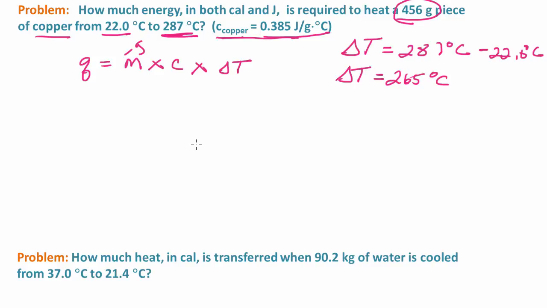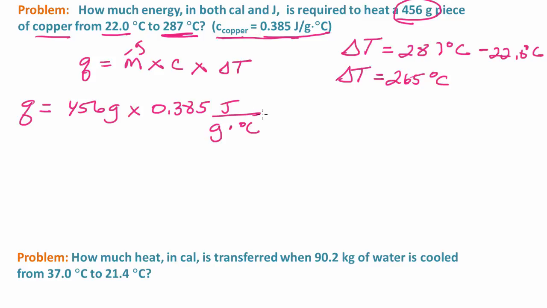Okay, so let's go ahead and just plug everything into our equation. Q is equal to the mass, 456 grams, times the specific heat capacity, 0.385. This is in joules per gram degrees Celsius.